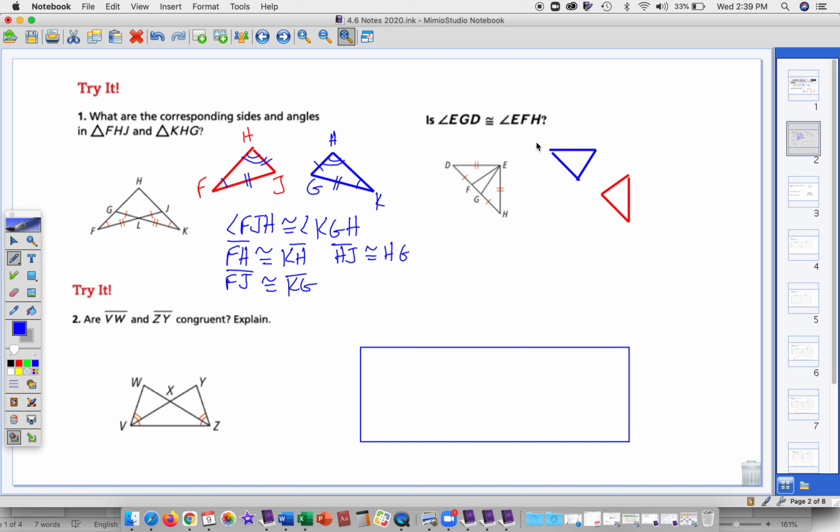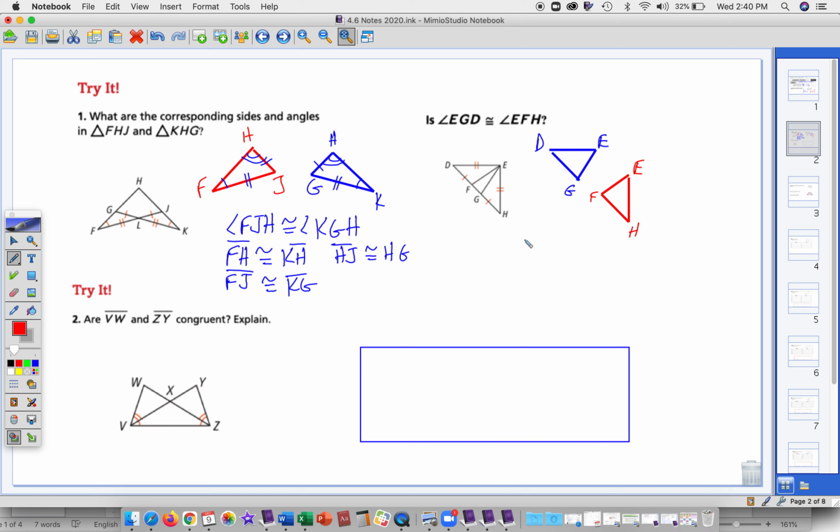And that makes this DEG. And the other one is EHF. So notice we have overlapping here with FG.